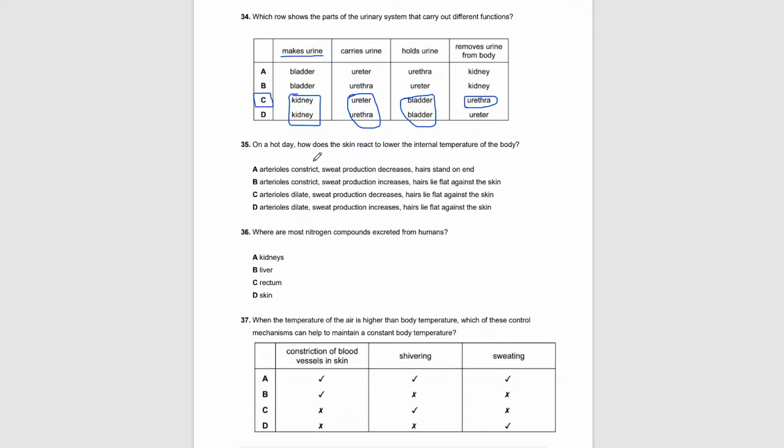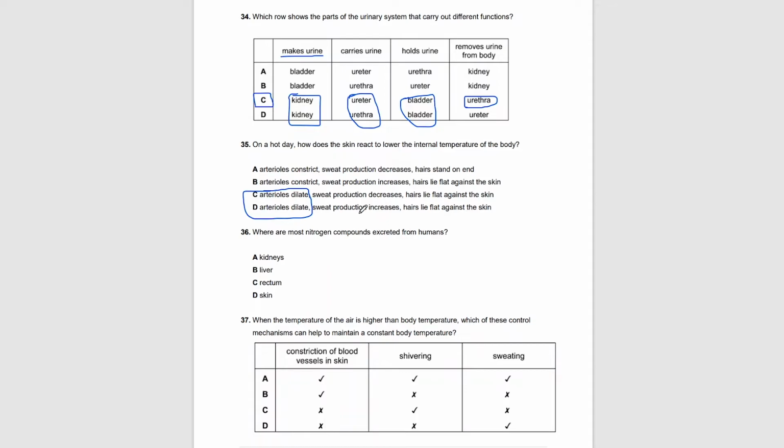35. On a hot day, how does the skin react to lower the internal temperature of the body? The arterioles dilate. Vasodilation takes place so that heat is lost by radiation or convection.